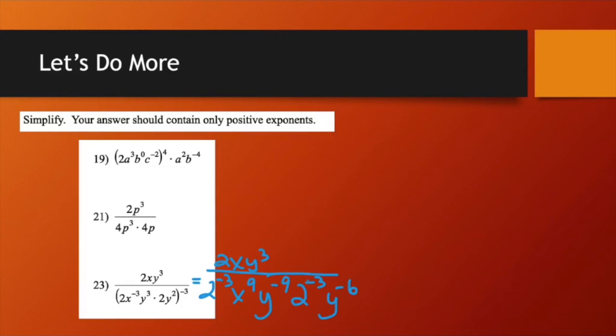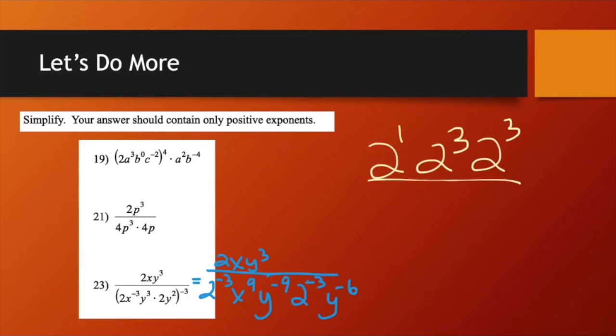So we're going to leave this x to the 9th on the bottom for right now. I'm going to start with the 2's. I have this 2 and this 2, with -3 and -3. Those are going to come up and become positive. I have a 2 to the 1 that's already there, and this 2 will become a positive, 2 to the +3, and that will become 2 to the +3.